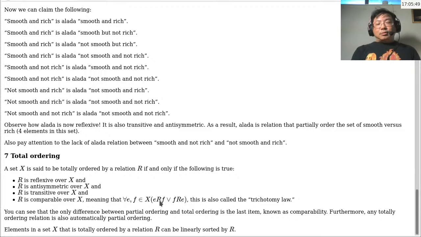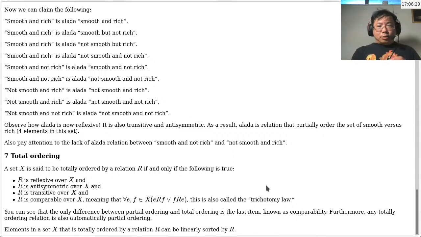In other words, this is short form of (E,F) in R or (F,E) in R. E and F have to relate in some way: either ERF, or FRE, or both. Both are fine too. It's just that we cannot have neither. That's the only additional requirement in order to turn a partial order into a total order.